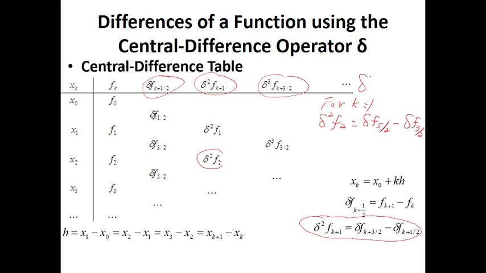It follows this formula, or this notation is delta sub n f sub k plus n over 2.